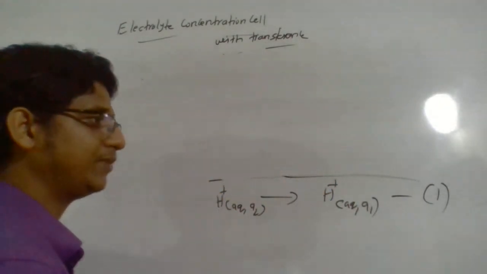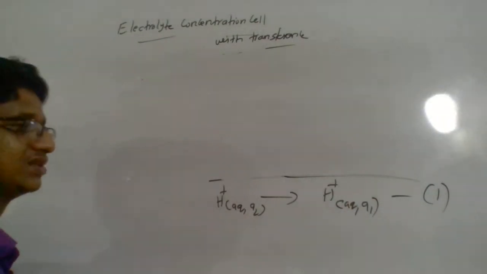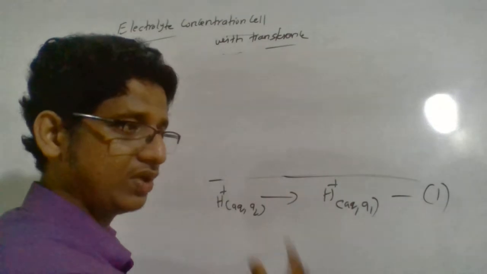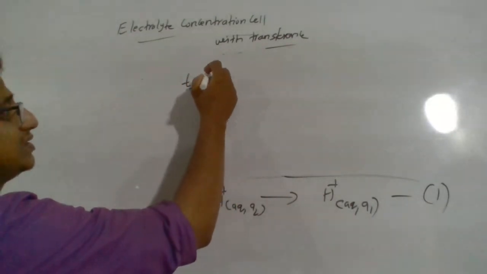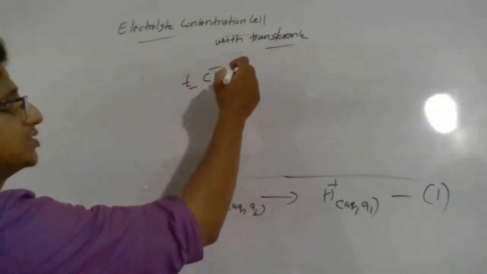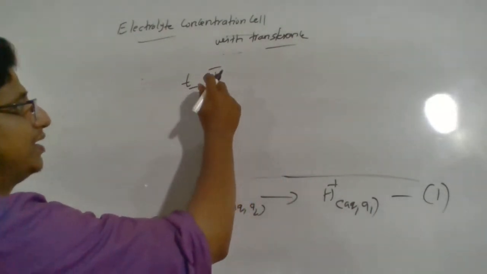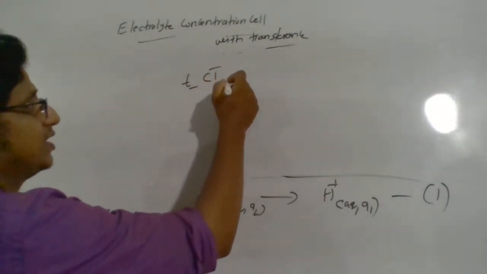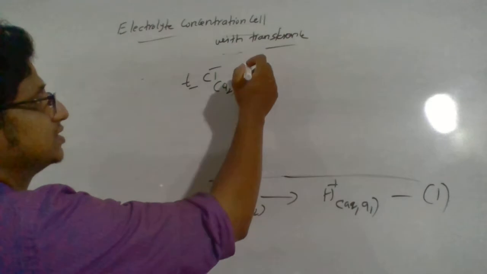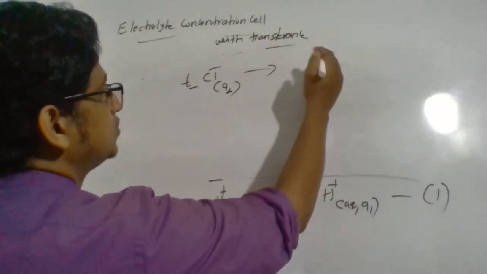So let the concentration of Cl minus ion that is moving from right to left be represented as T minus. That you can imagine, it will be T minus Cl minus ion A2 moving from right to left, concentration A2 to A1.